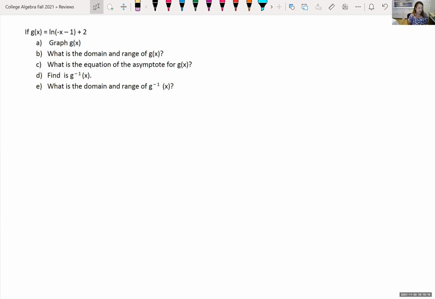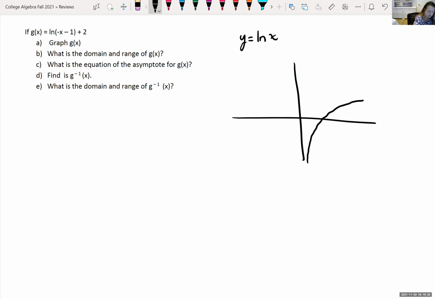So again, we can look at this as transformation of functions. Our parent function is y equals the natural log of x, and recall that that general shape looked like the following. So with the transformations on this graph, let's talk about it.